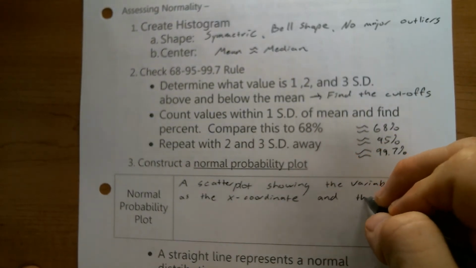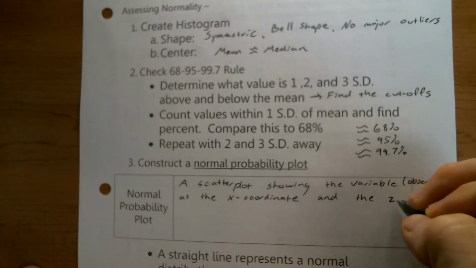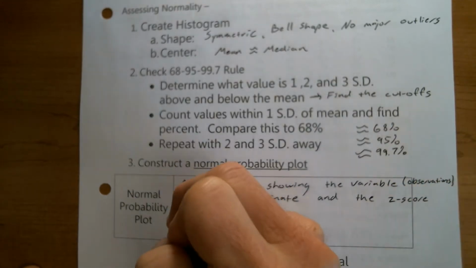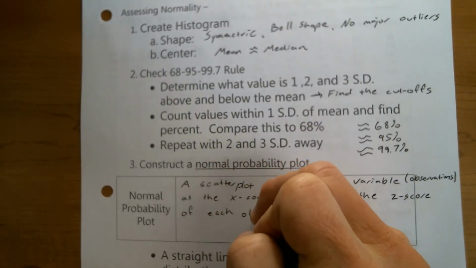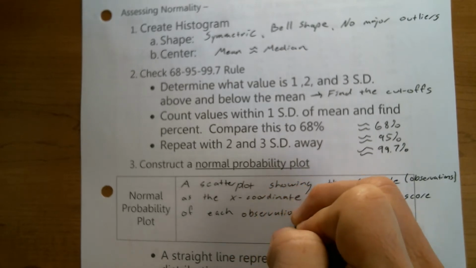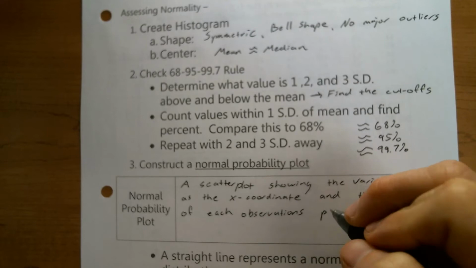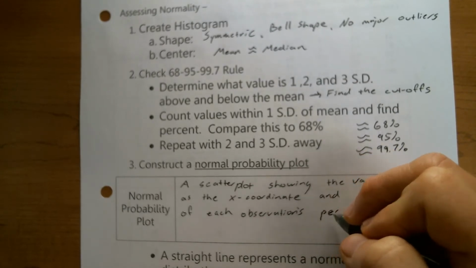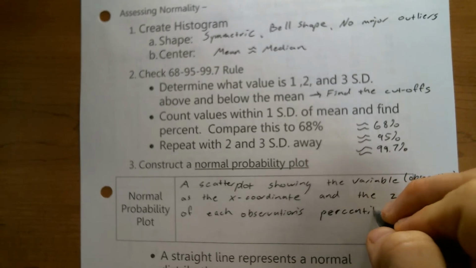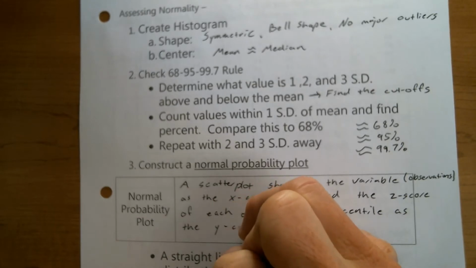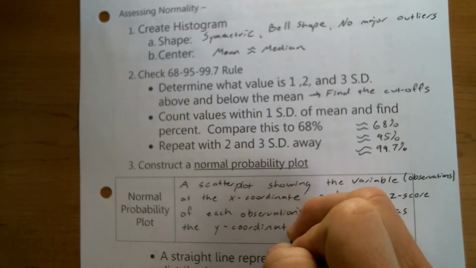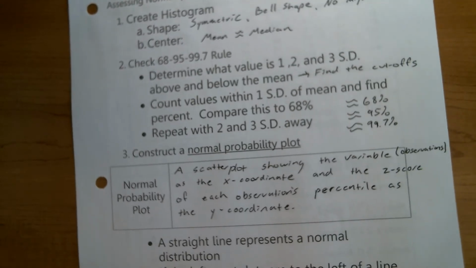And the z-score of each observation's percentile as the y-coordinate. All right, so what does that actually mean? What is the z-score of each observation's percentile as the y-coordinate?